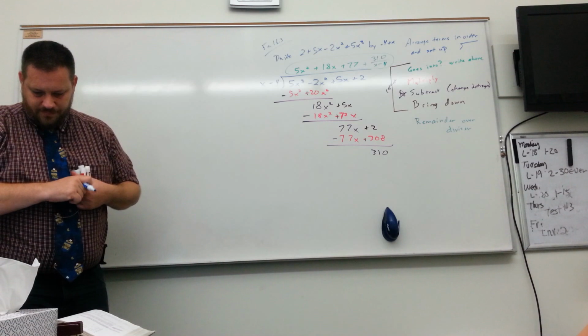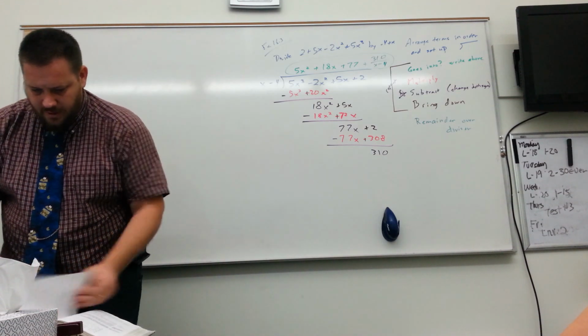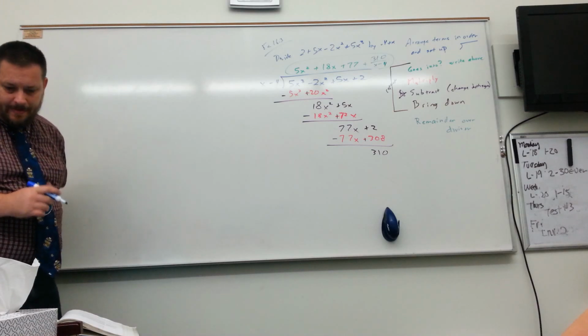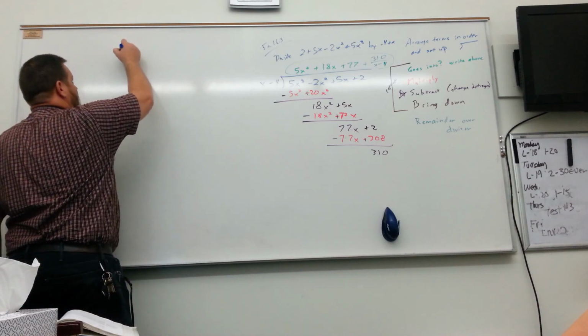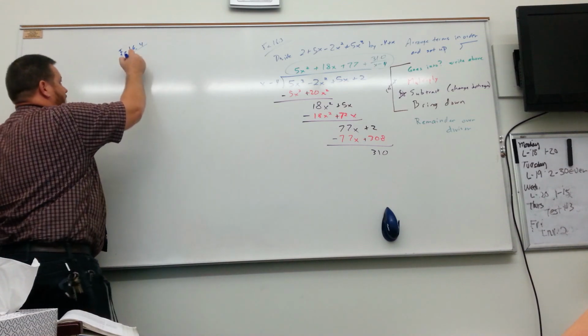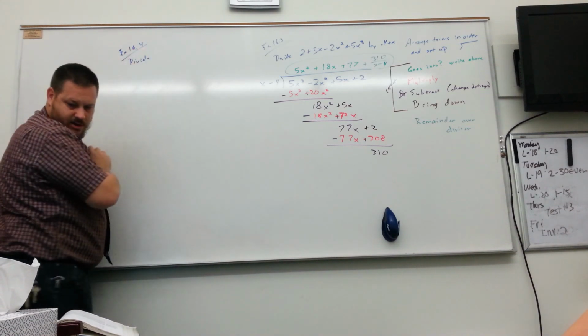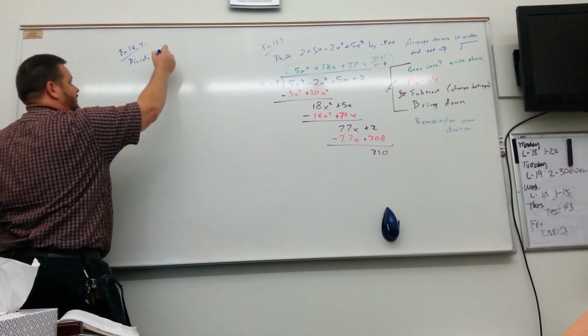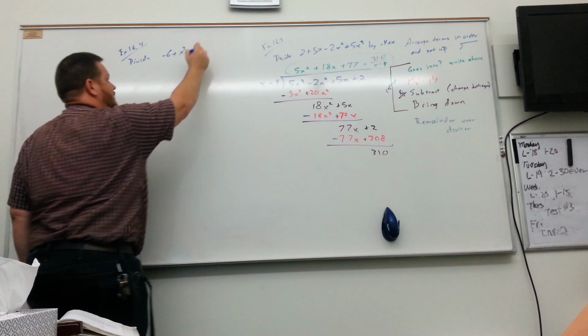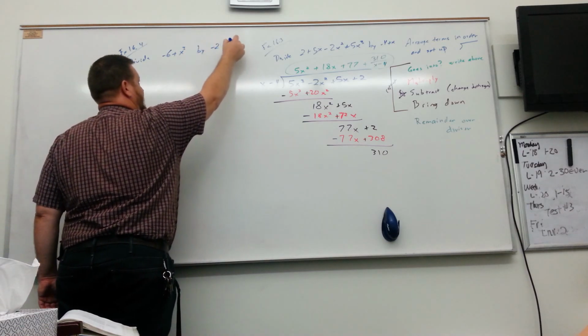One more quick example, because sometimes if you don't have all your terms, you have to make space for them. So, example 16.4 says divide negative 6 plus x cubed by negative 2 plus x.